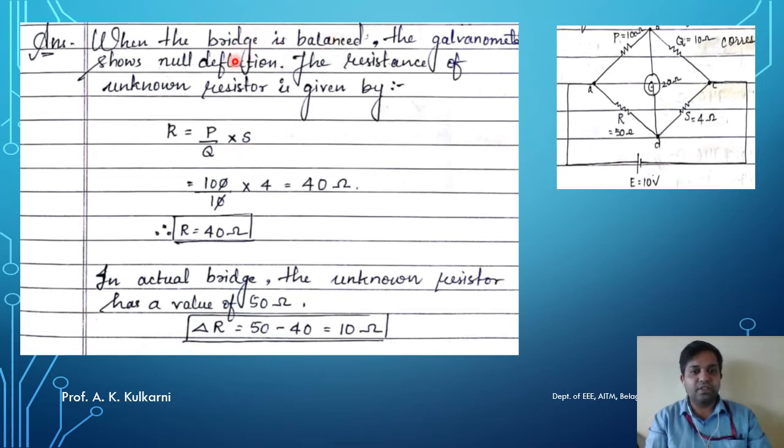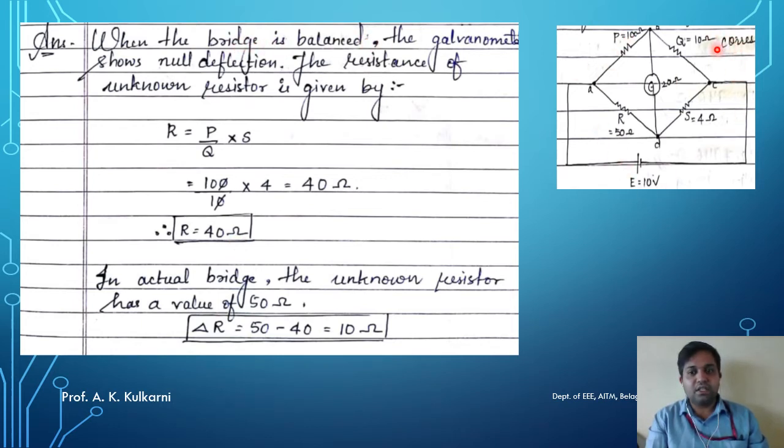The ratio arm resistances are 100 and 10 ohm respectively, and the standard resistance is 4 ohm. Now substitute and find the unknown resistance of the bridge circuit. According to that, R is equal to 40 ohm. This is when the bridge is in balanced condition.